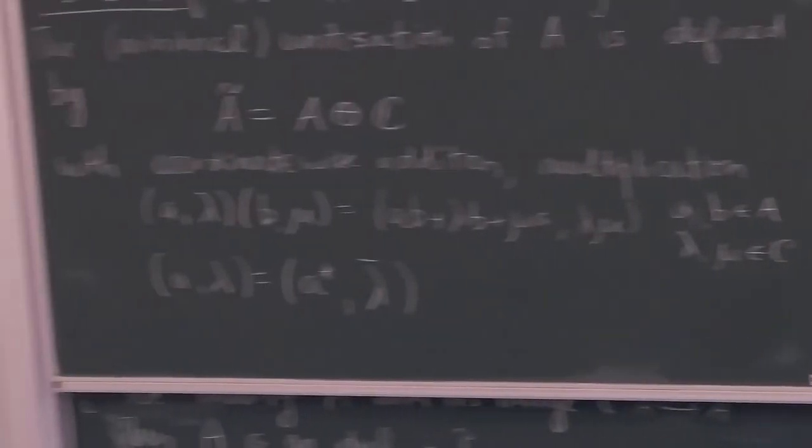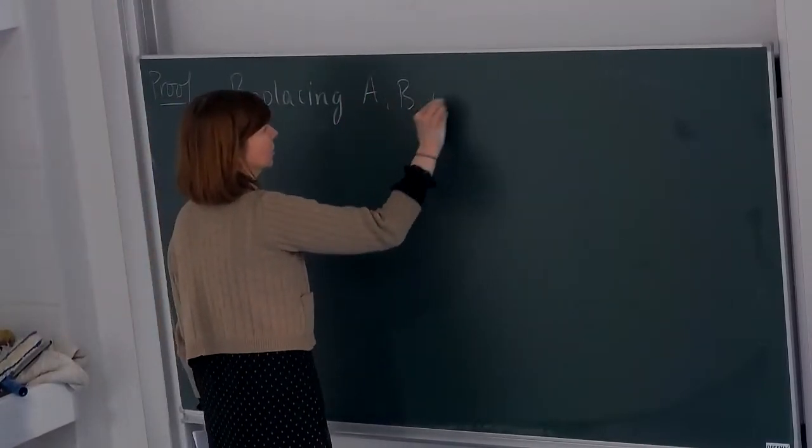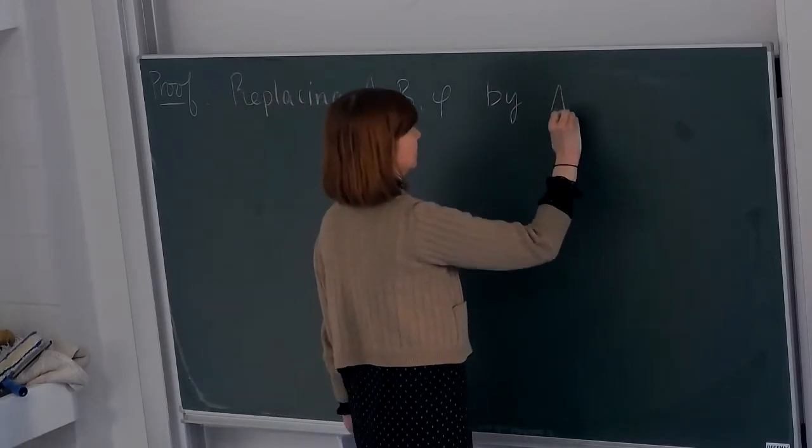So if A and B are not unital, or if phi itself is not unital, well, we can just replace them with their unitization.